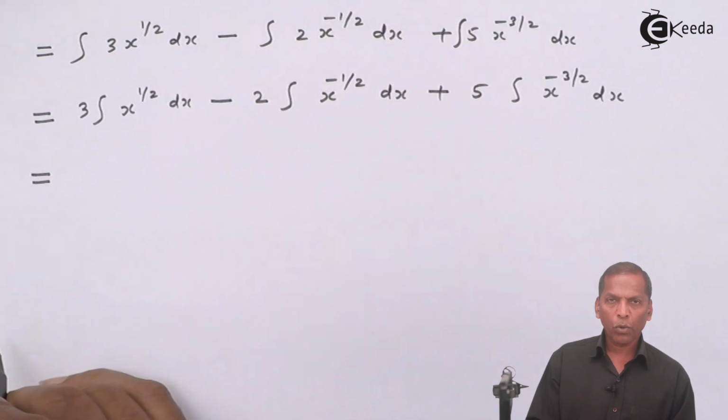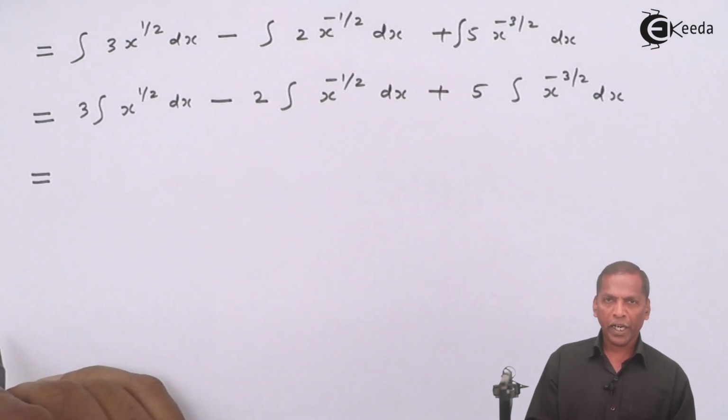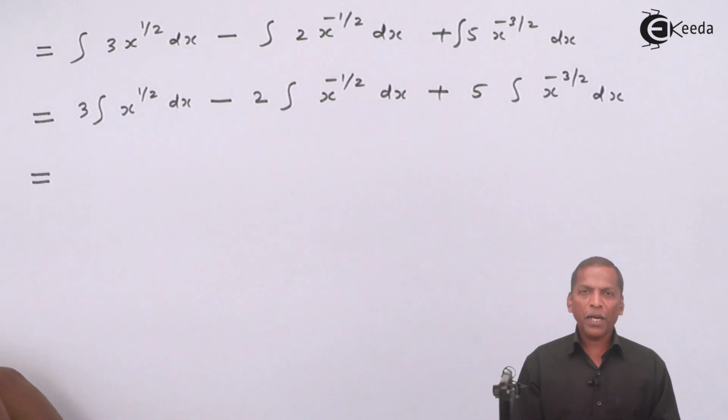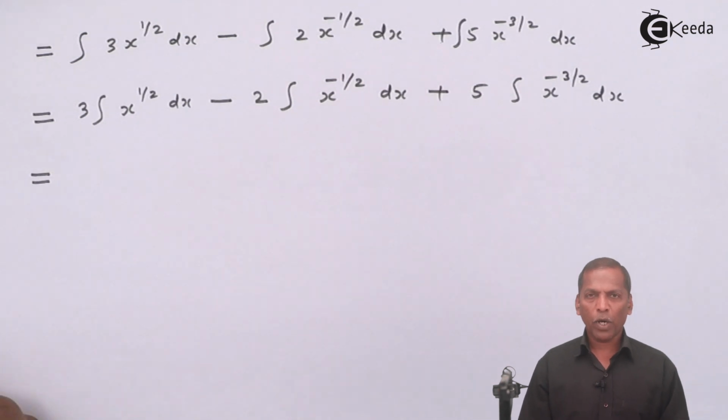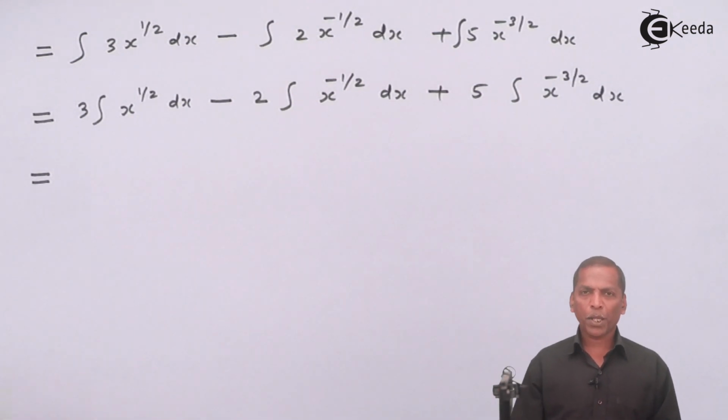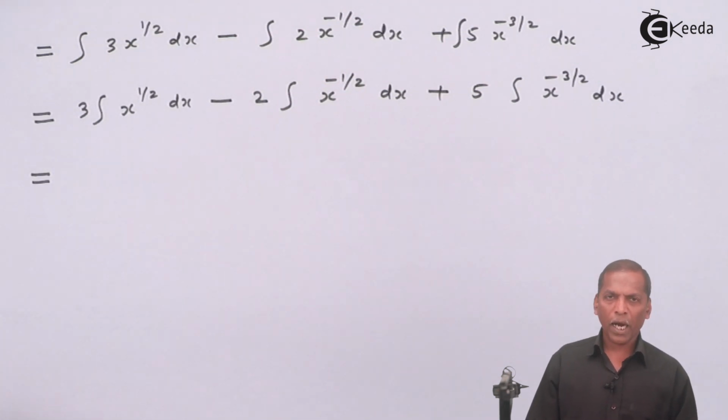So that is equal to, now here we have to use the power rule of integration, that is, integral x raised n dx is equal to x raised n plus 1 upon n plus 1 plus c, provided n not equal to minus 1.